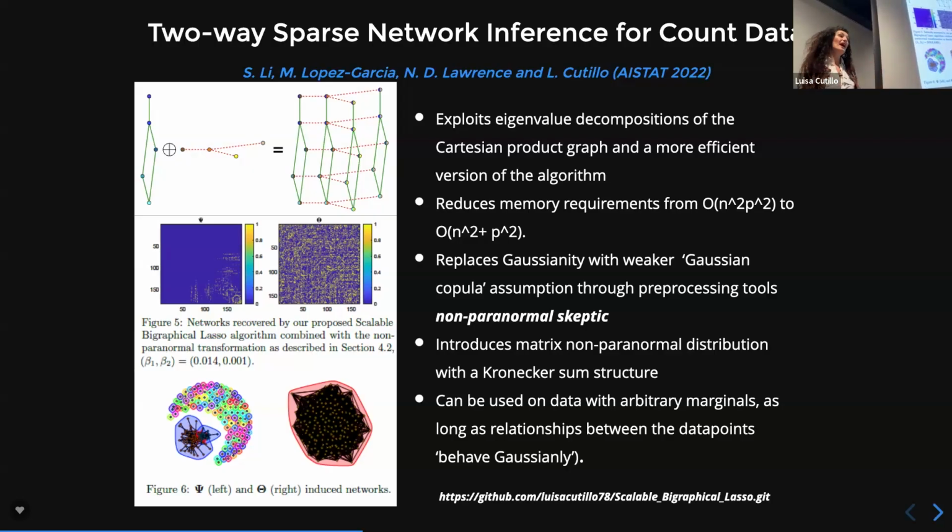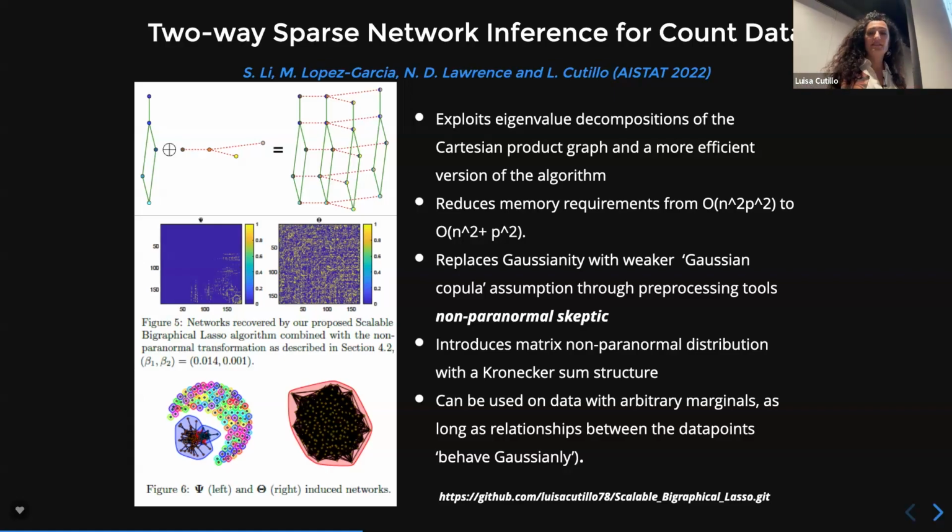There could be counts, for example, as it is in the single cell cases. So we replace the Gaussianity assumption with a weaker Gaussian copula assumption. And we used something that was introduced by Liu et al. in 2009 that is called the nonparanormal SKEPTIC. It's a kind of transformation that you can do, and we embedded this in our model. So we could work with counts.